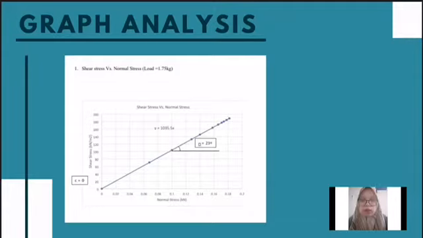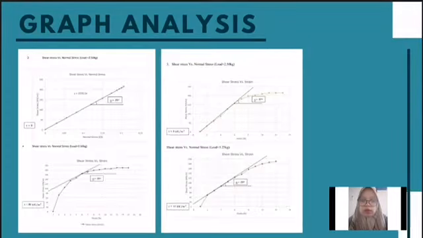For 1.75 kg, the cohesion intercept is 0 and the angle of shearing resistance is 23 degrees. For 2.5 kg, the cohesion intercept is 0, 5 and 0, which give angles of shearing resistance of 25, 20 and 37. For 3.25 kg, the cohesion intercept is 12 with a 29 degree angle of shearing resistance.